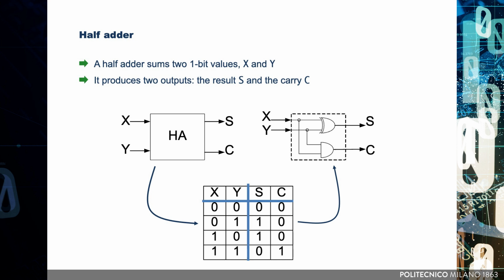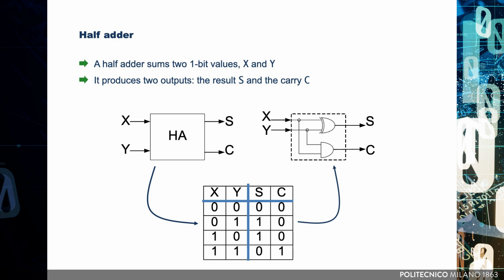Based on the rules we've just reviewed, we can now define the basic module called the one-bit adder, which we will refer to as the half adder. This one-bit adder has two inputs, x and y, and two outputs, s, which represents the sum, and c, which represents the carry. The figure shows the truth table of the half adder, filled according to the binary addition rules we discussed earlier, along with its implementation using just two logic gates.